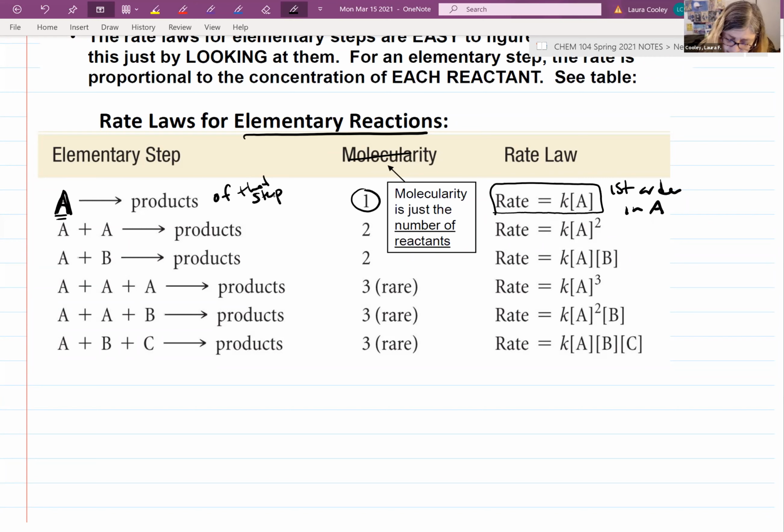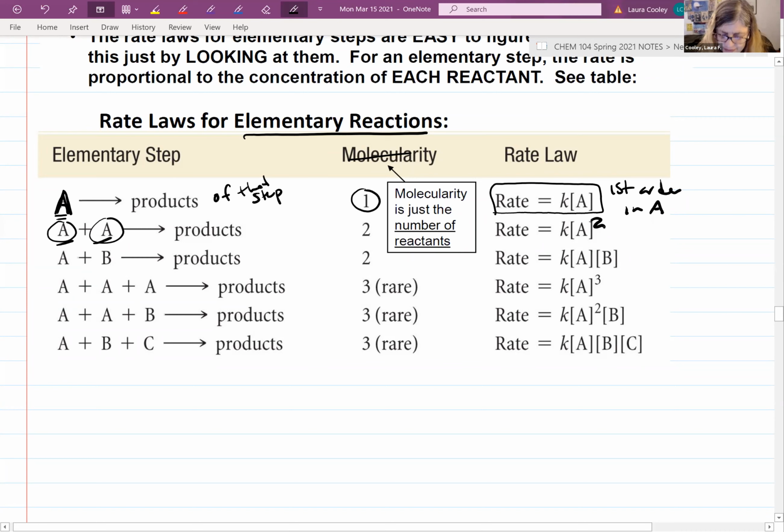All right, so here, you have A colliding with A. If you have a collision there, that's going to rely on the concentration of A squared. So basically, you look at the reactants in an elementary reaction, and you immediately write the rate law as reflecting that number of each of those reactants.